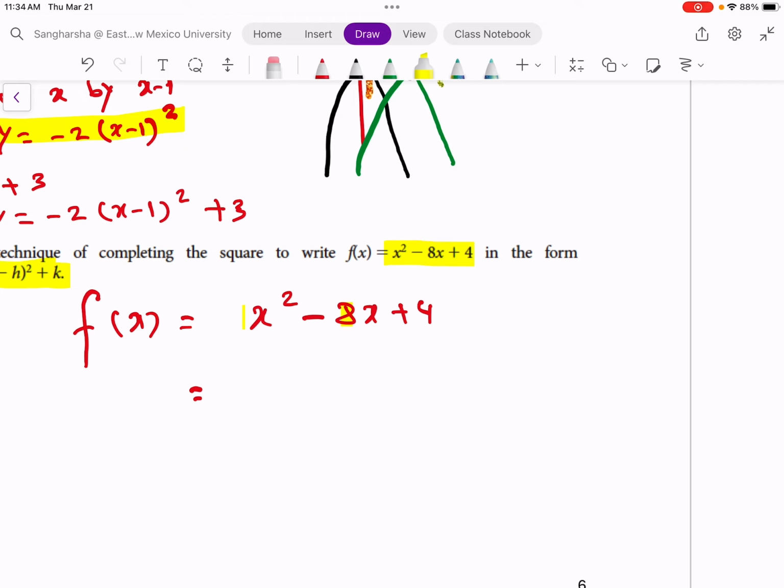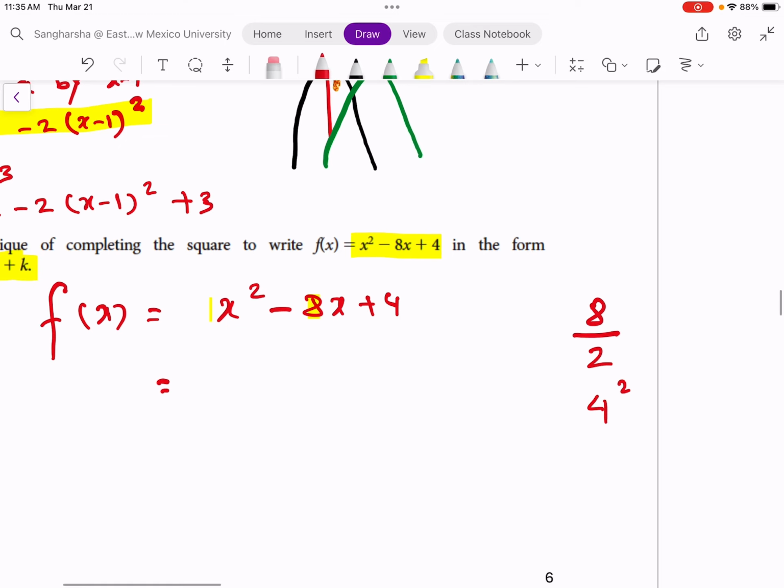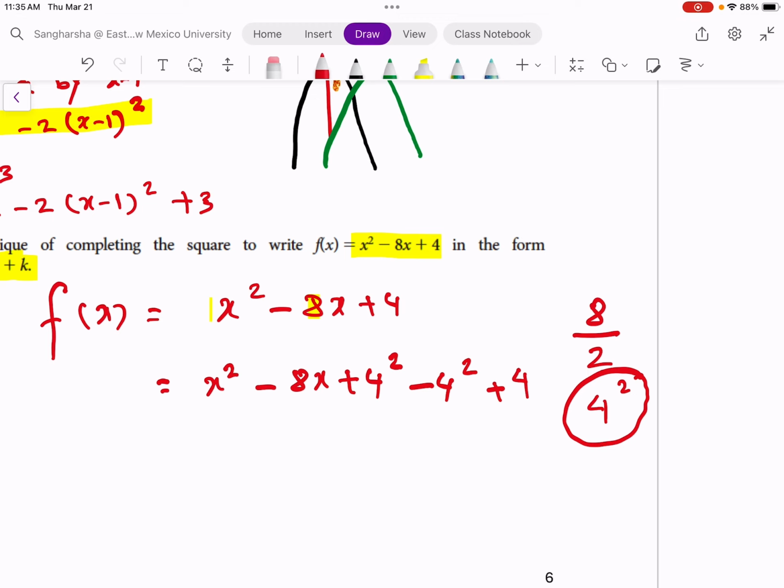In completing the square we add on both sides of the equation, but this is not an equation. So what we do is that we take the coefficient of x, which is 8, we divide by 2, we get 4 square, and we add and subtract this number together. So we have x square negative 8x, we add 4 square, we subtract 4 square, and plus 4. That's what we have remaining.